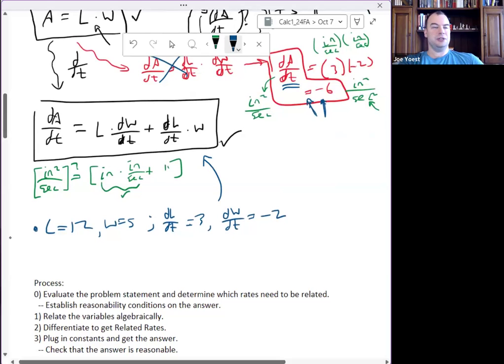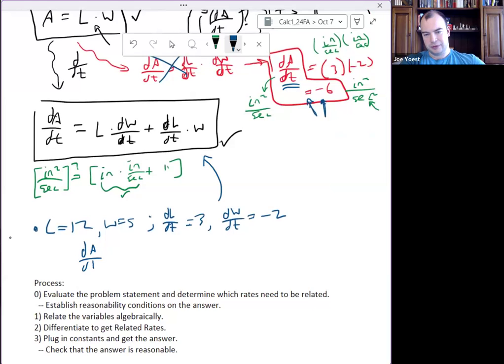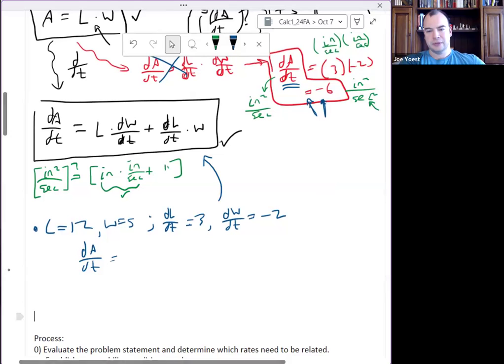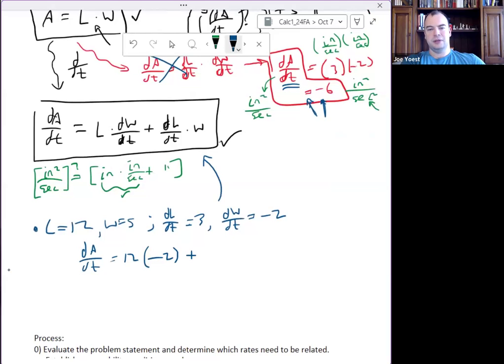Now I just plug these quantities into my model for dA/dt here. So L is 12 times dW/dt is -2, plus W is 5 times dL/dt is 3.